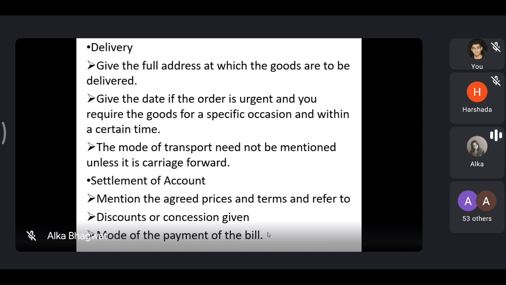Either you pay monthly or you pay yearly; that depends on the establishment. Any discounts or concessions which are given, the supplier makes a note of whenever he gives his bill to the establishment. The mode of payment of the bill is mostly by check, right?